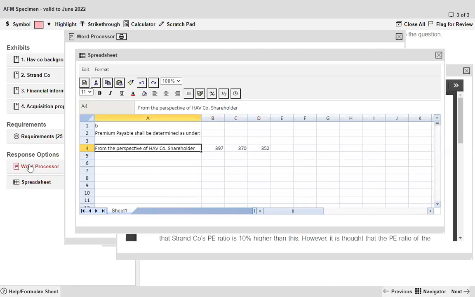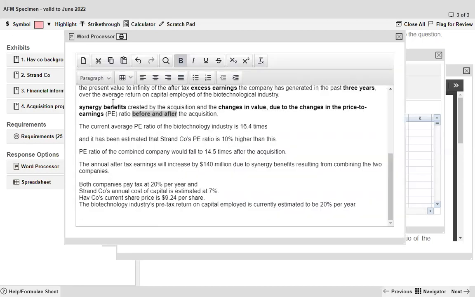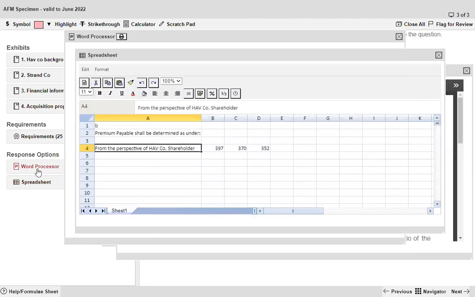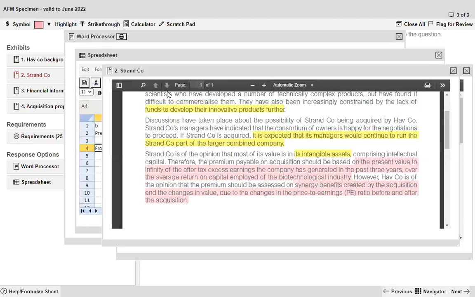So how is this premium going to be paid? Present value to infinity of the after tax excess earnings. The company has generated in excess in the past 3 years over the average return on capital employed of the biotech industry. So what is the situation about the biotech industry?